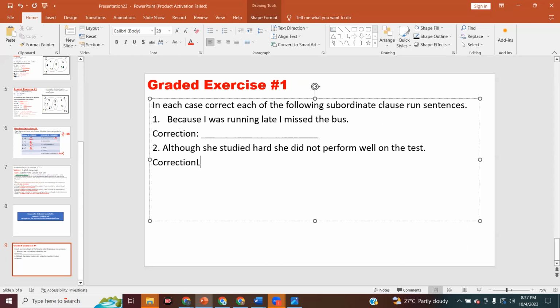Correction. Number 3, after the rain stopped, we decided to go for a walk.